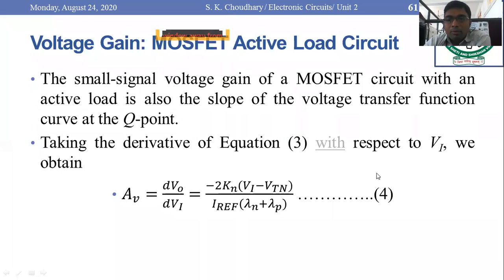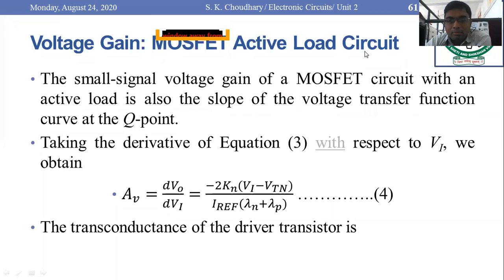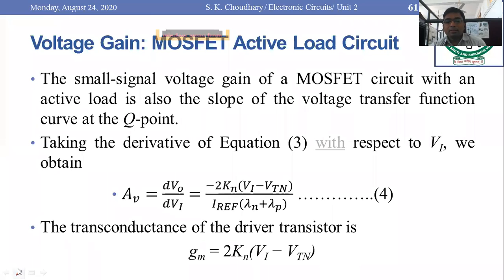Now, from equation 4, you can see the transconductance of the driver transistor, M naught. I am talking about the driver transistor here, M naught. The transconductance equation: we know that Gm is equal to twice of Kn, it is the NMOS, Vi minus Vtn. So what is the significance of this transconductance?